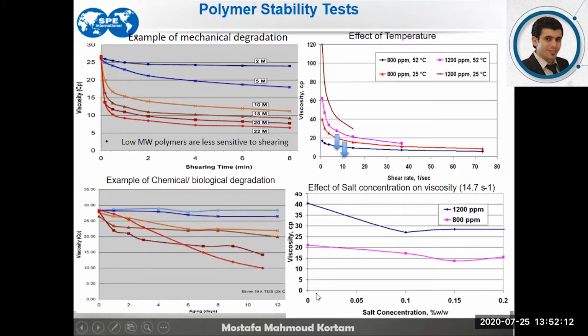Effect of the salinity: by increasing the salt content, we influence the generated viscosity, so it adversely affects the viscosity. So increasing the salinity will reduce the viscosity of your solution. The effect of chemical and biological degradation: this example shows different types of polymer solution and different types of polymer material.